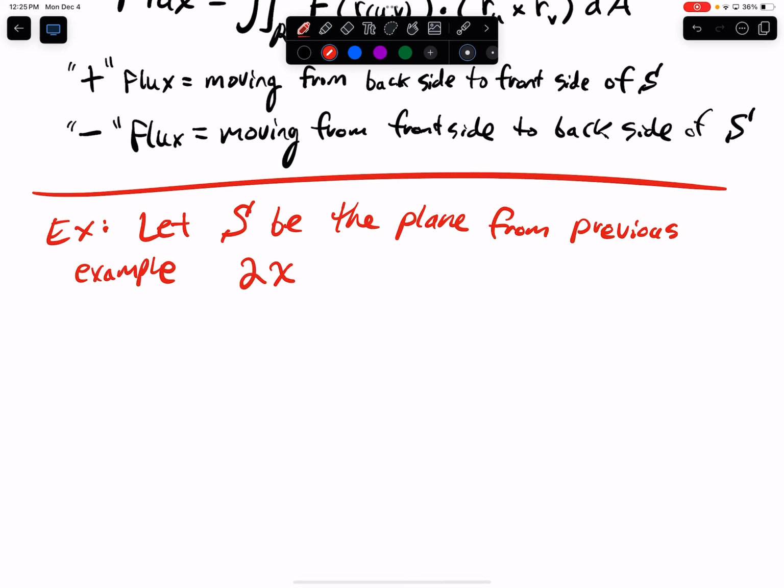That plane was 2x plus y plus z equals 3 on the triangular region.